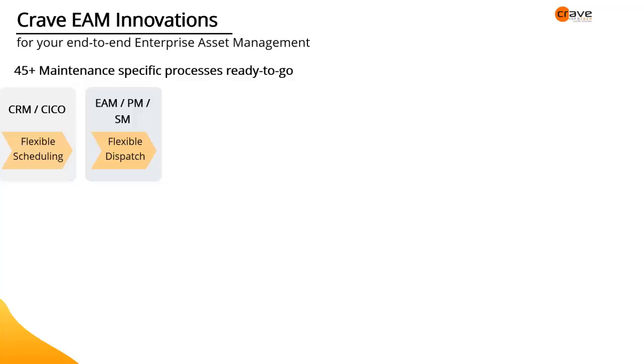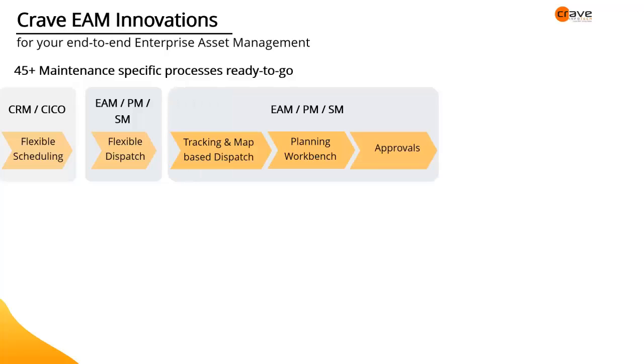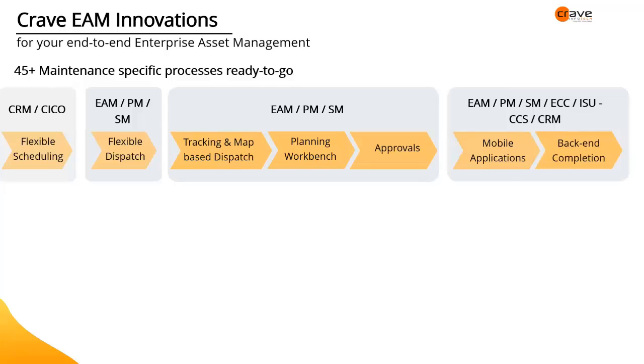We also do MRSS from SAP, or if MRSS is overkill, you can use our tool for flexible dispatch. Then comes the tracking and map-based dispatch, planning workbench, and approval, so your work order approval, notification approval, and so forth. Finally, once that is done, it goes out to the field for the mobile application and the backend completion.